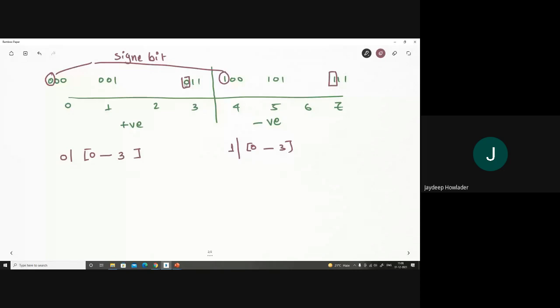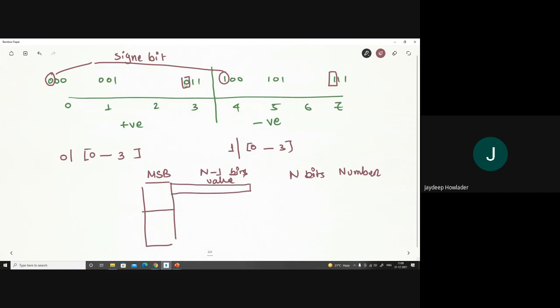So the sign magnitude number says that if we have an n bit number, the most significant bit is the sign bit, reserved for the sign, and the remaining n minus 1 bits are the amplitude or value.